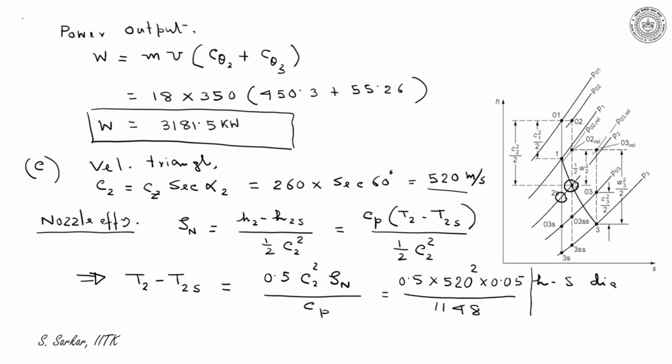If you evaluate, you will get T2 minus T2s as 5.89 Kelvin. Please check the calculations. Now let us proceed further.